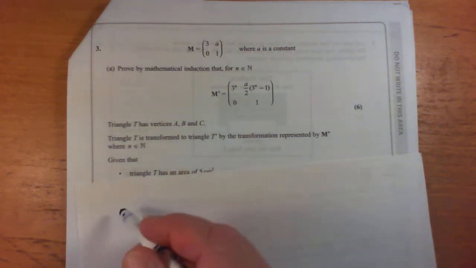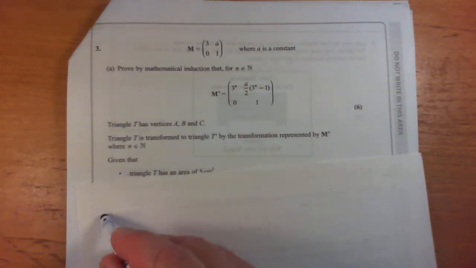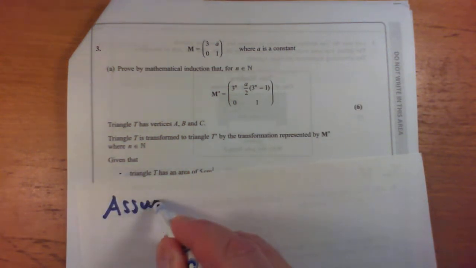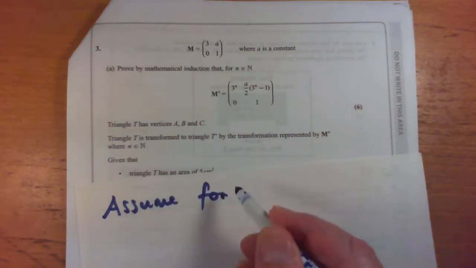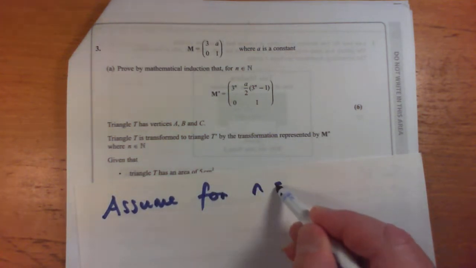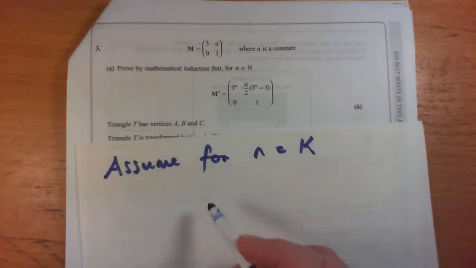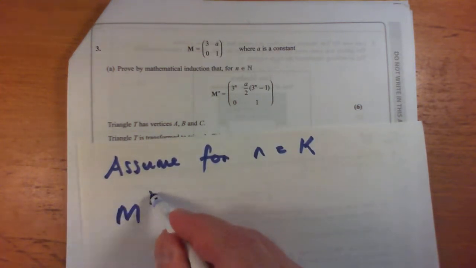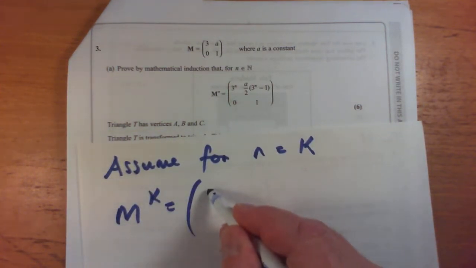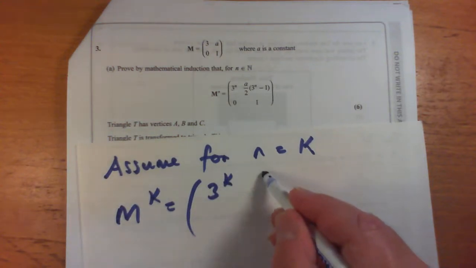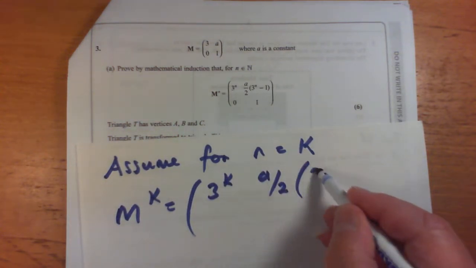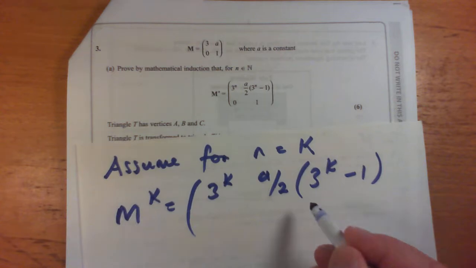The way I'd start is to write down, assume true for n equals k, and then you have M^k equals 3^k a over 2 times (3^k minus 1).